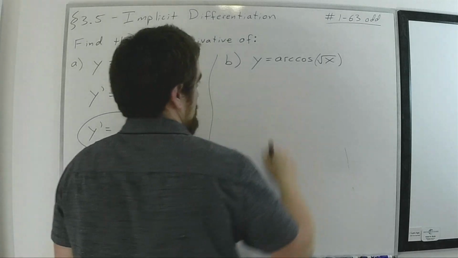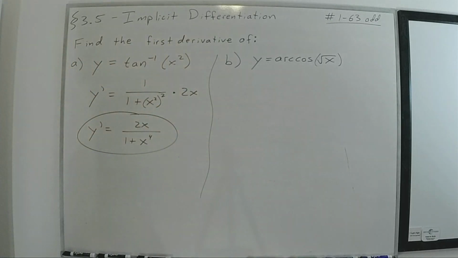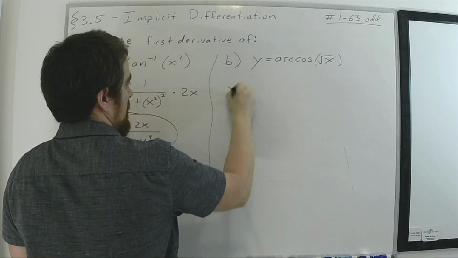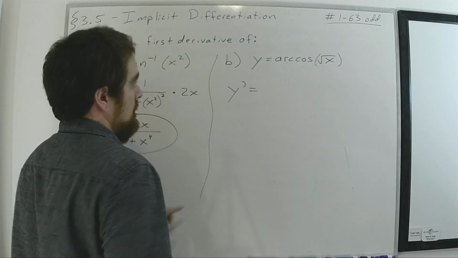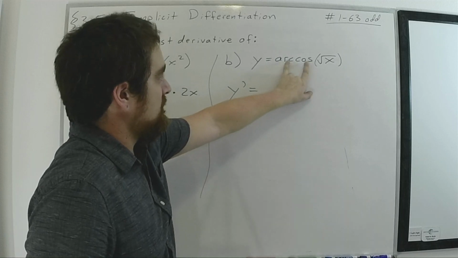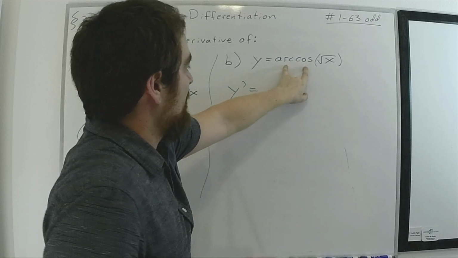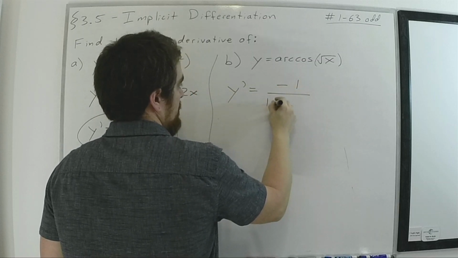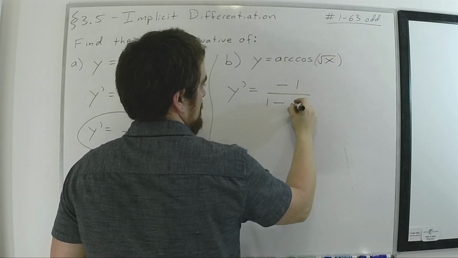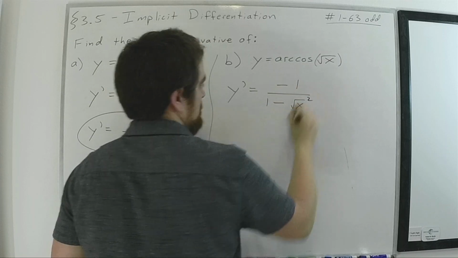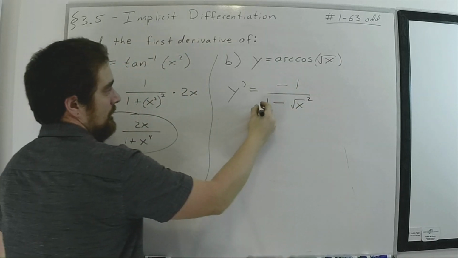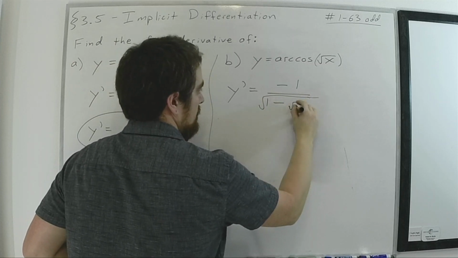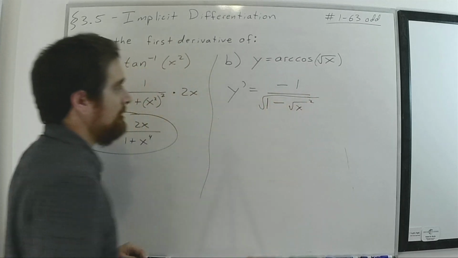So if we're going to differentiate this, then what we want to do is say y prime is, when I look at this is cosine inverse, when I look at arc cosine, I need a negative 1 over 1 minus whatever this argument is, which in this case is not just x that I need to square. I need to square the square root of x. I really didn't give myself enough space there. There we go.